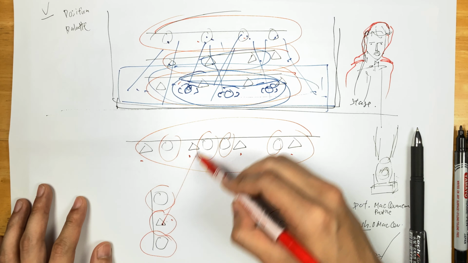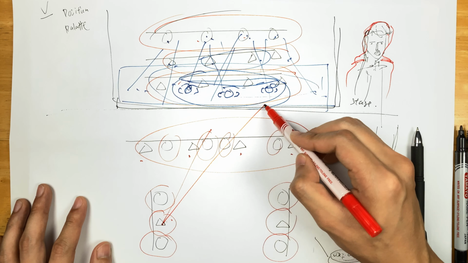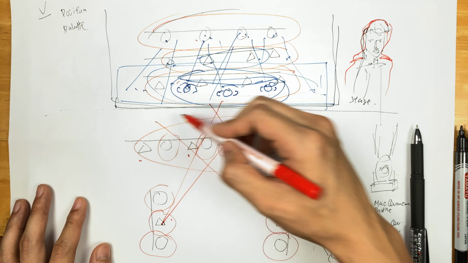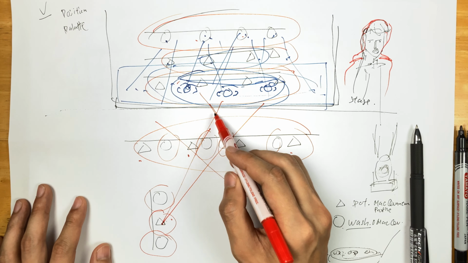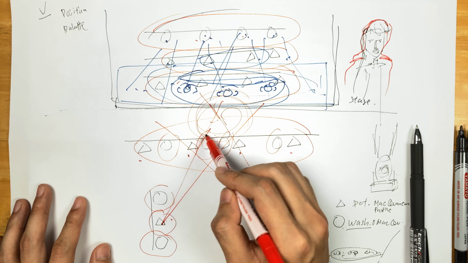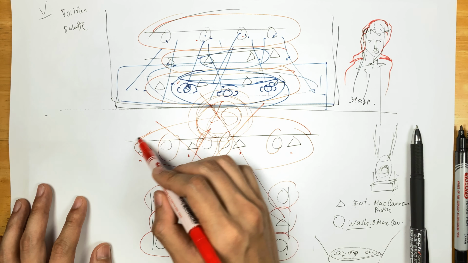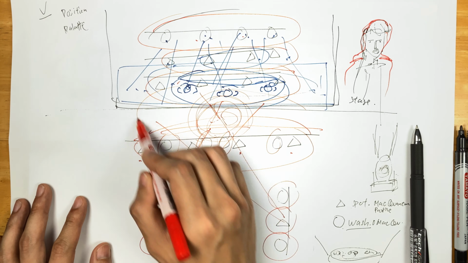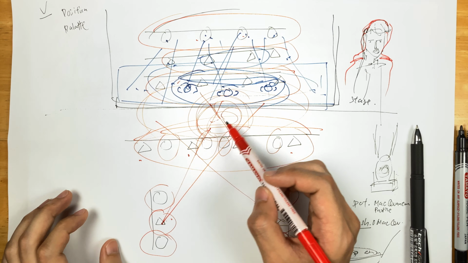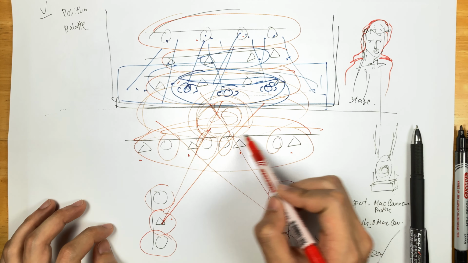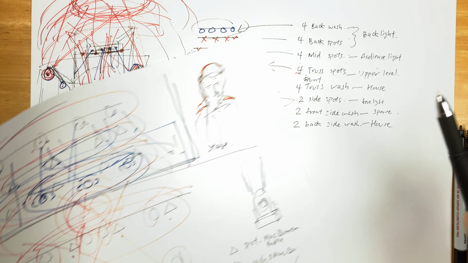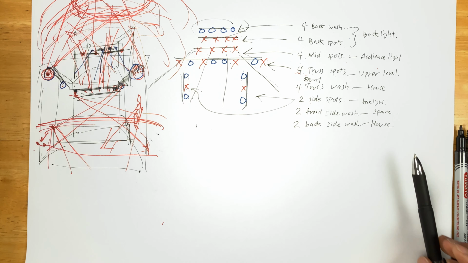This one point up to the stage, this one point to the stage, something like that. And we get some kind of like a middle area where we try to light this area, and then we expand it out and we try to cover as much of the stage area as possible. It's not ideal because the coverage is not even, but I don't have any other light that I can make use of.